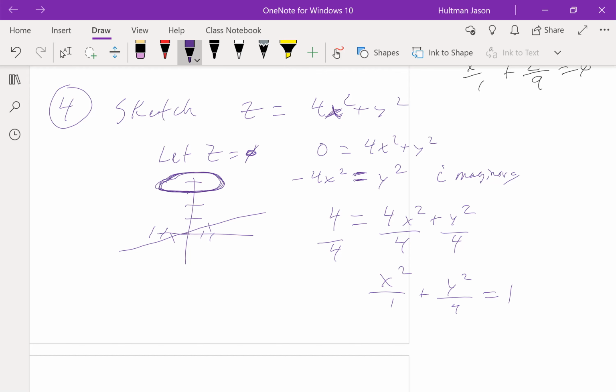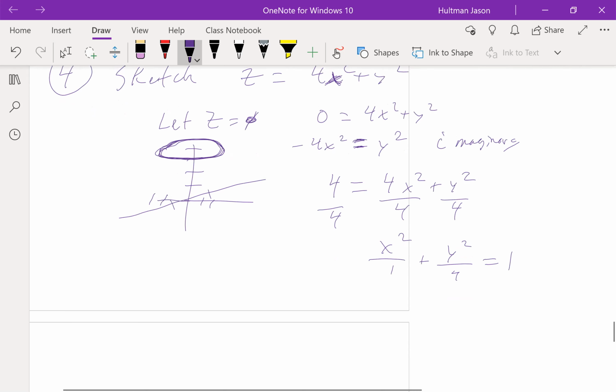Okay, what happens if we let x be 0? Again, this is still a trace. The trace doesn't have to be on the xy plane. It just has to be parallel to it. So this is our z equals 4 trace.